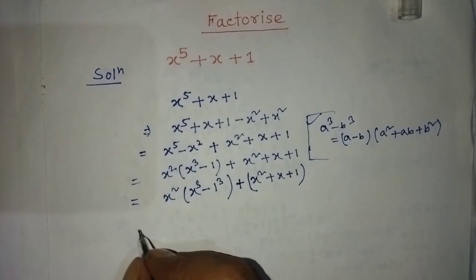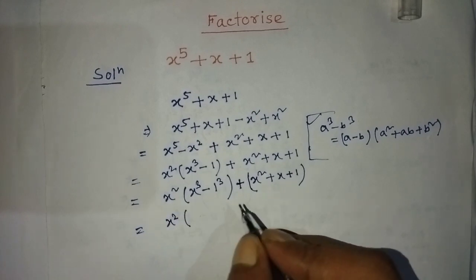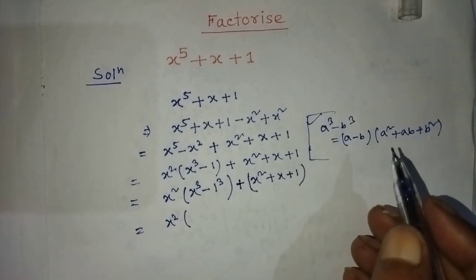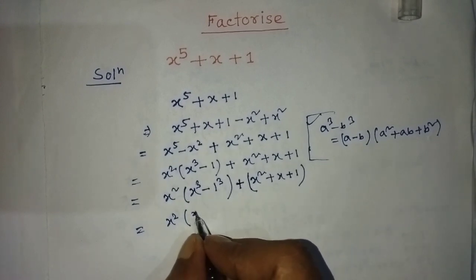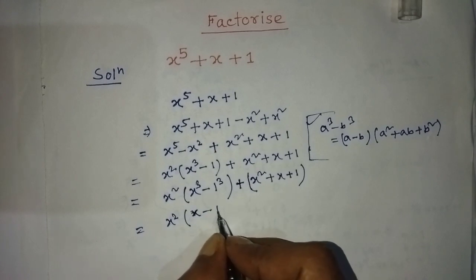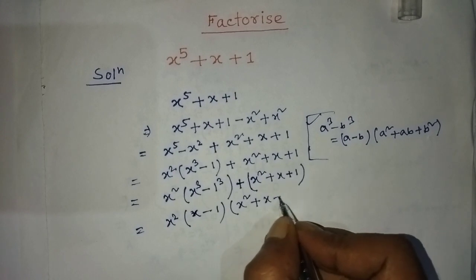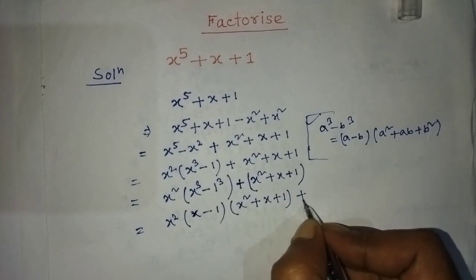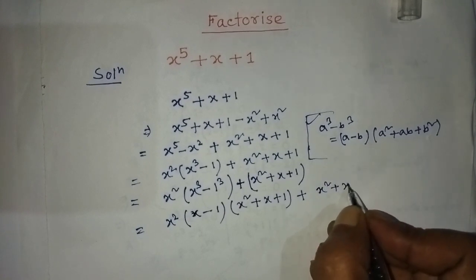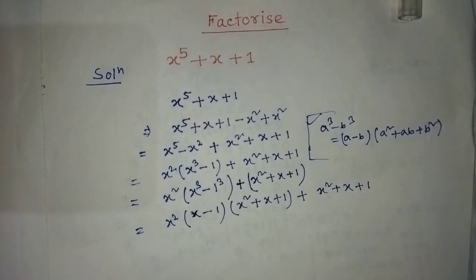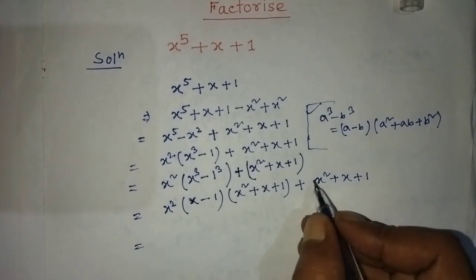After applying this formula on this algebraic expression, we can write x minus 1 into x square plus x plus 1 plus, and again we write x square plus x plus 1.